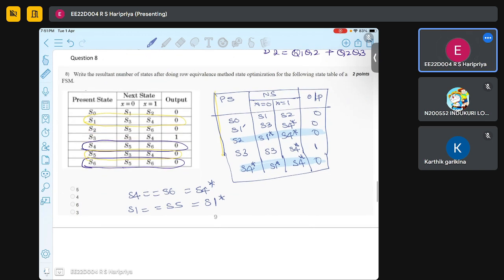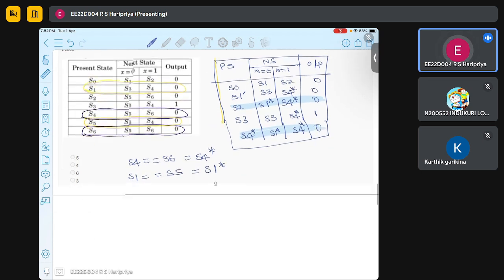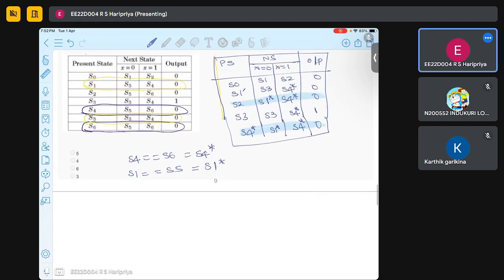S0. Now let's write it again. Present state, so equal to 0. Okay.